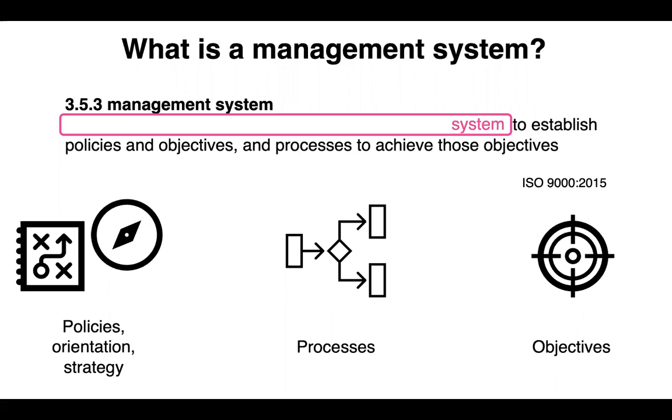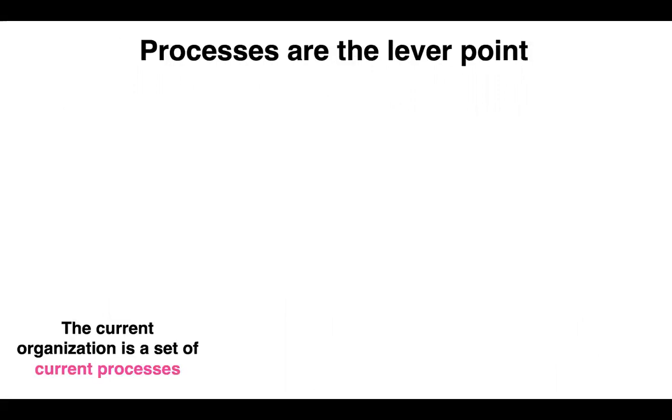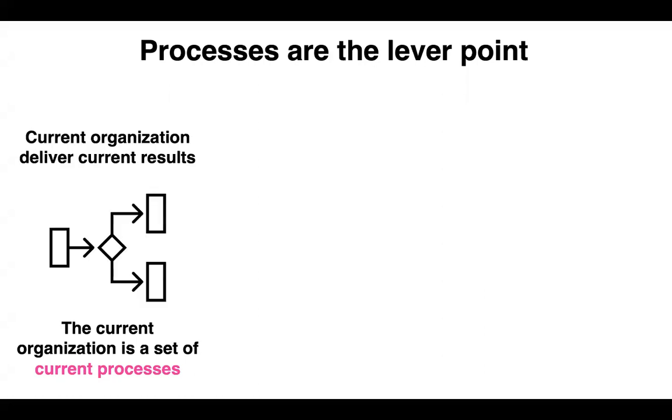So I would say that processes are the lever point. An organization is a set of processes. So the current organization is a set of current processes, and the current organization delivers the current results. And the current results, that means the current performance.